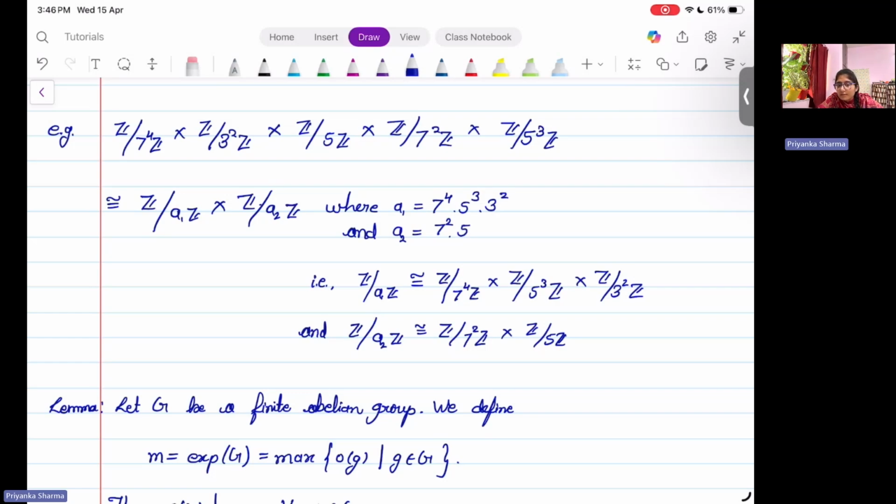Then for the second factor in the direct product form, we exclude the factors which we have already included, and from the remaining factors again we consider the highest power of 7, 5 and 3. So here they are 7 square and 5. So A2 will be 7 square into 5. This is how we have two groups in this direct product form: Z mod A1 Z and Z mod A2 Z.